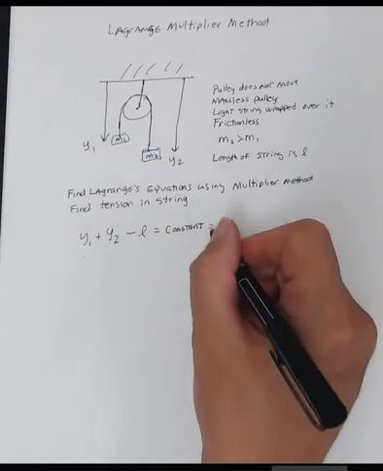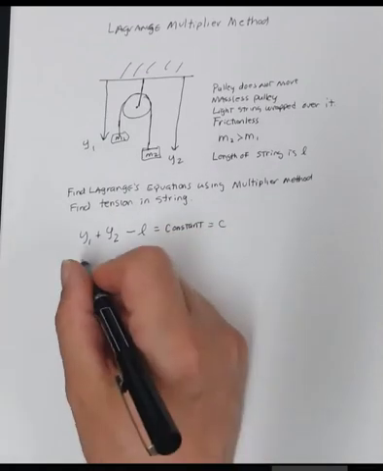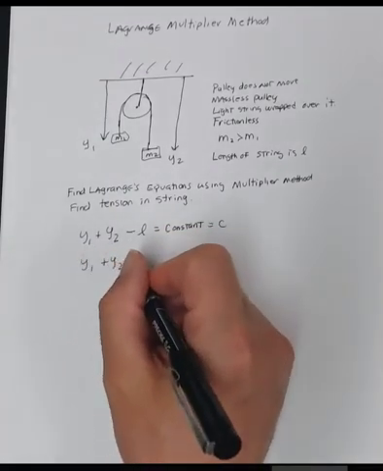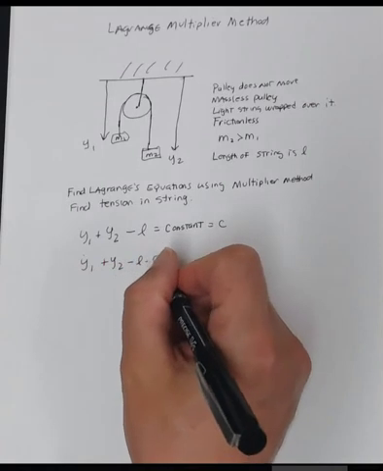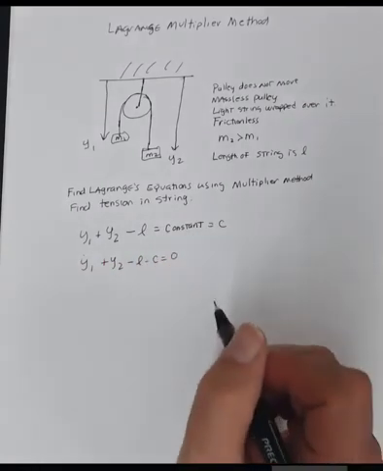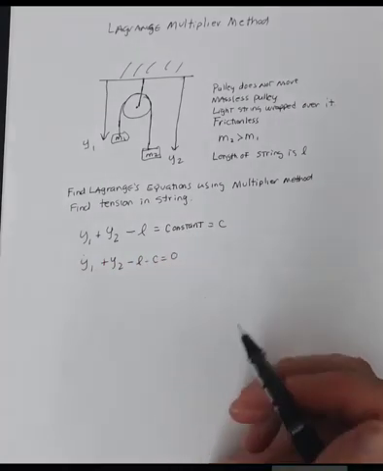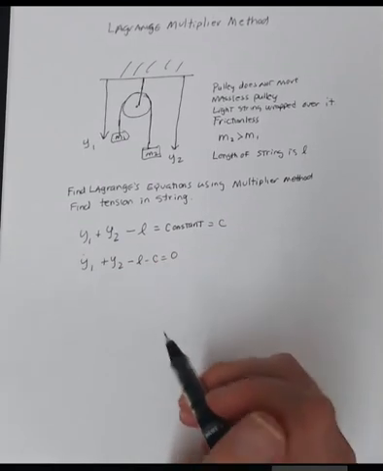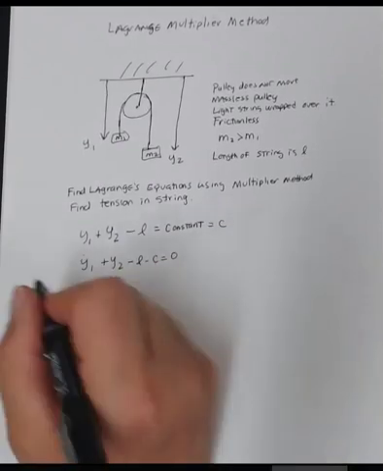So I'll have y1 plus y2 minus L minus C equals 0. That's good enough. Okay, so that's my equation of constraint.